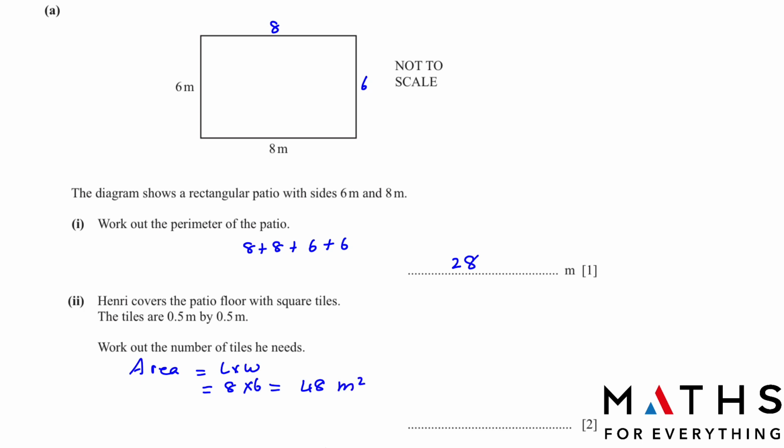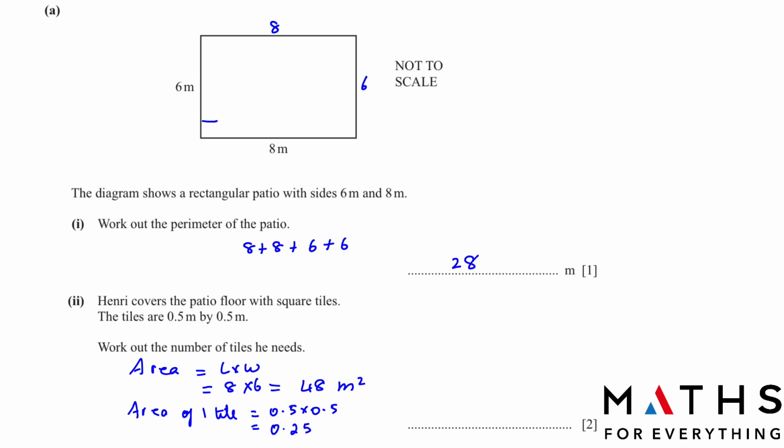The area of one tile is going to be 0.5 multiplied by 0.5. It's a square. That will give us 0.25. Now that is of one tile.